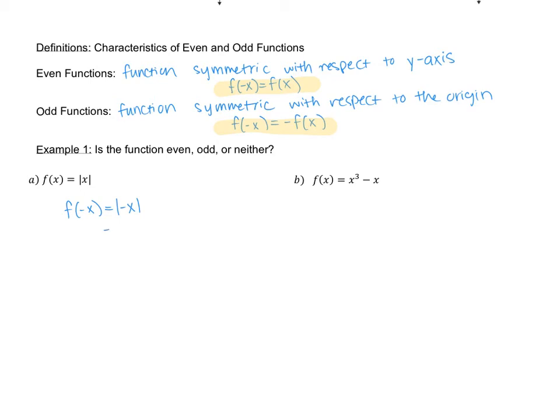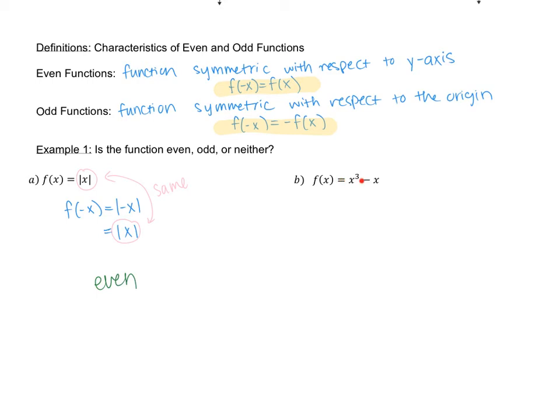So in this case, it will still end up being a positive x value when it comes out. So because these two are identical, we can say that this here is even. So they have to equal each other when you plug in an x that's positive versus the same x value, but it's negative. So this is even.